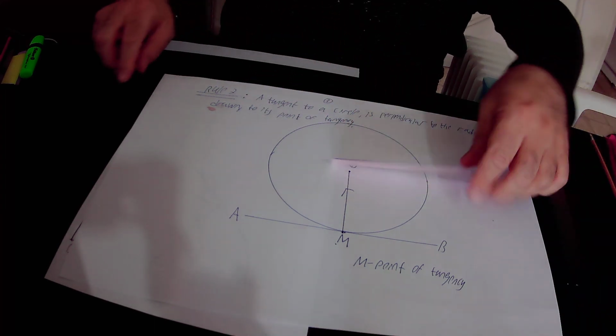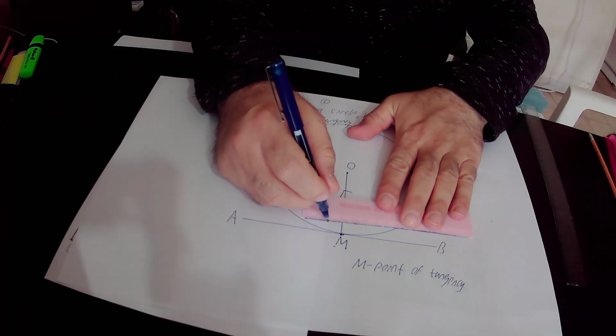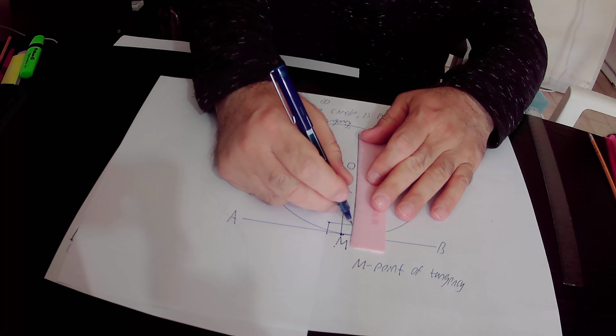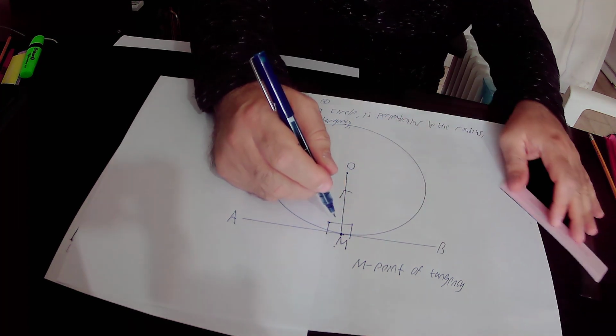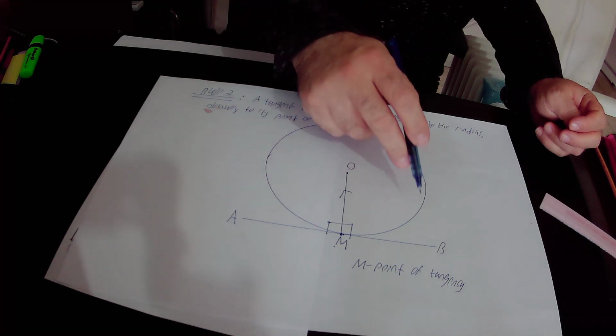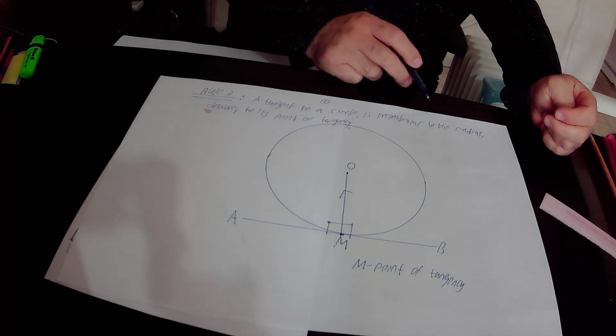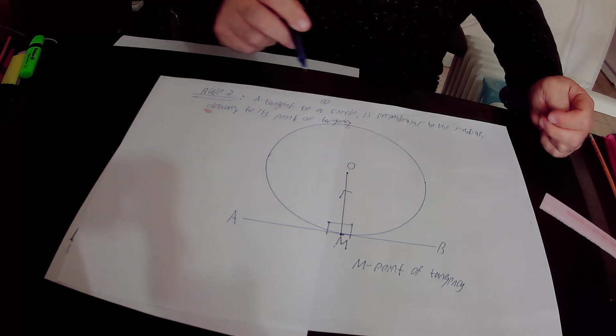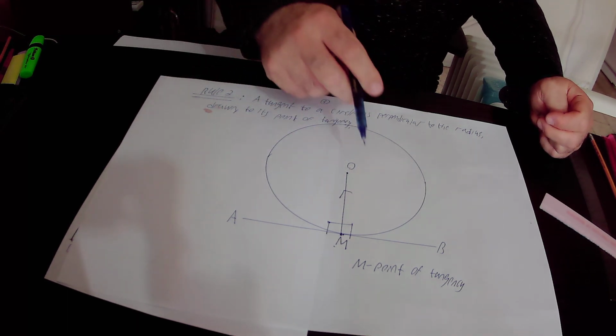That is to say, this angle will be equal to 90 degrees, and this angle will also be equal to 90 degrees. Okay? A tangent to a circle, that is to say AB, is perpendicular to the radius OM that is drawn to the point of tangency.